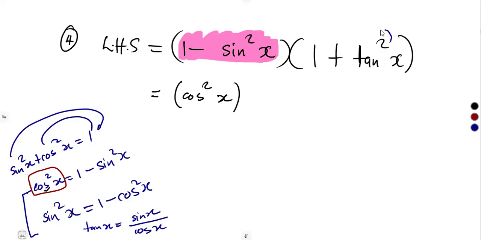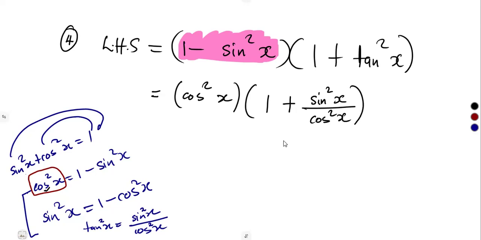So when we are given it as a squared like this, you also have to square this one and also square this one. This is what it means. So it simply means we are having 1 plus the tan squared, which can be written as sine squared of x over the cos squared of x, like this.